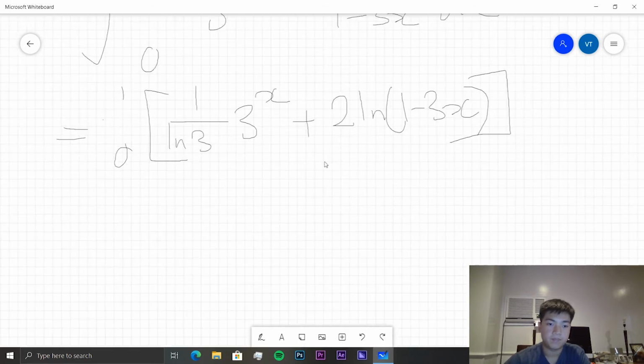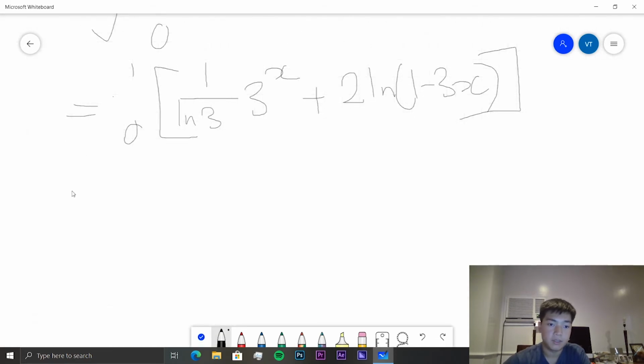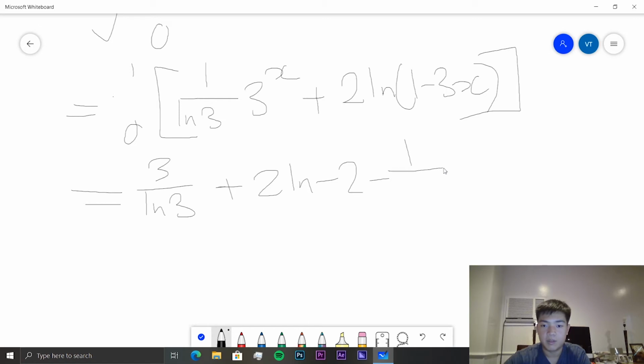So this is equal to 1 over ln 3 times 3 to the 1, so 3 over ln 3, plus 2 ln of negative 2, minus 1 over ln 3 plus 2 ln 1, which is 0.